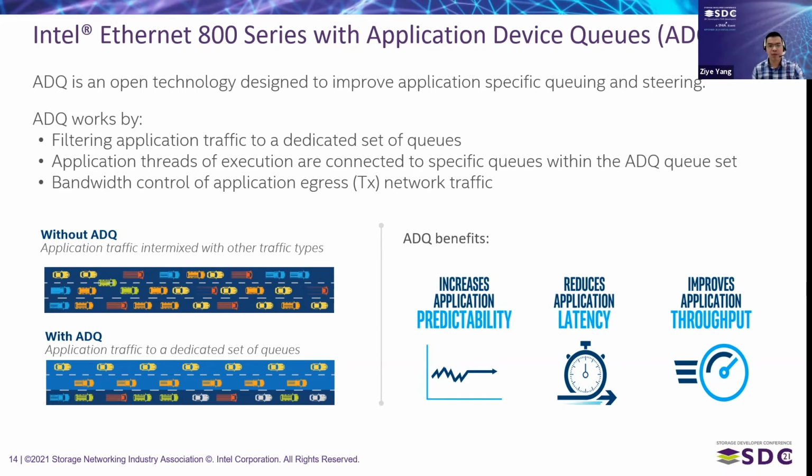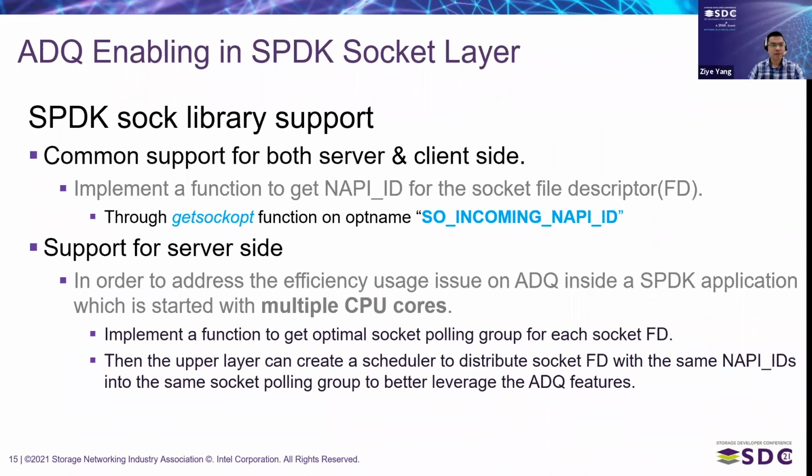For example, we can increase application predictability, reduce application latency, and improve application throughput. So this is a very innovative technique provided by the Intel Ethernet 800 series NIC.